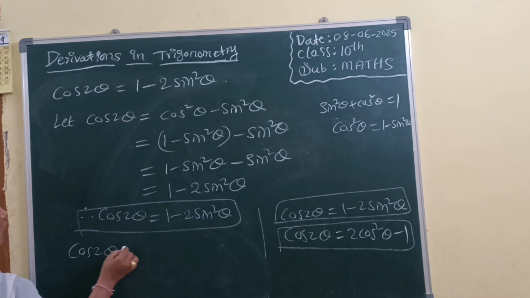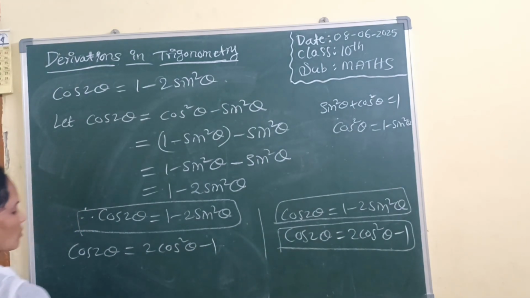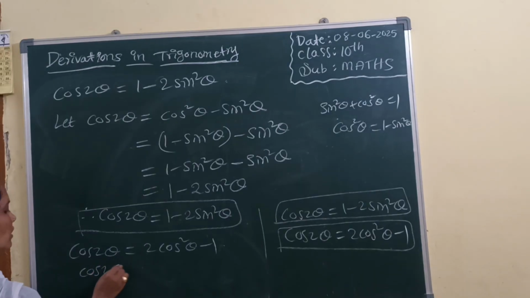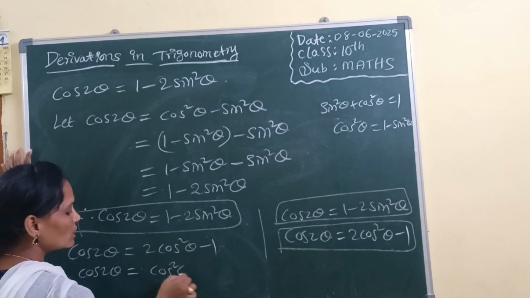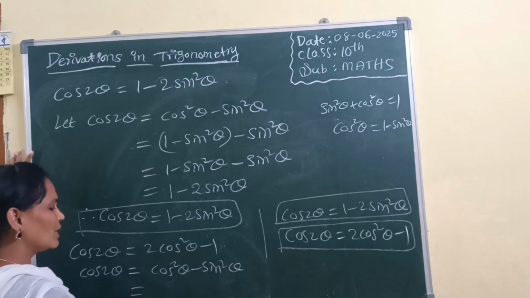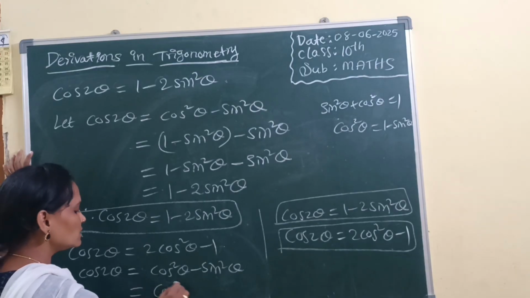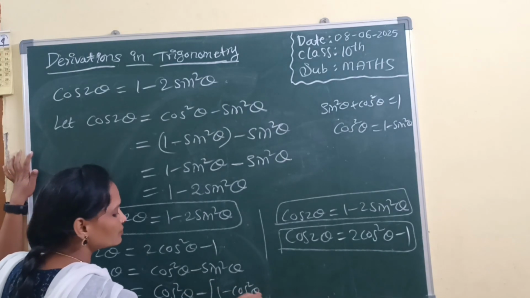Cos 2 theta, what I said, 2 cos square theta minus 1. How it will come? That also let us see. Cos 2 theta is equal to what we got? Cos square theta minus sin square theta, right? Now just I am writing sin square as 1 minus cos square theta.